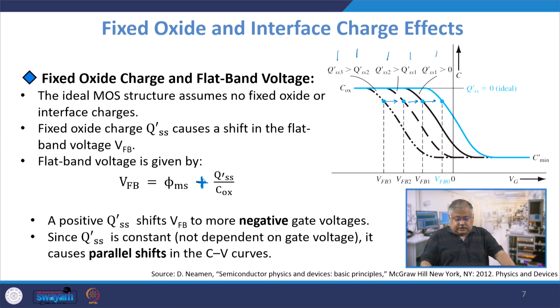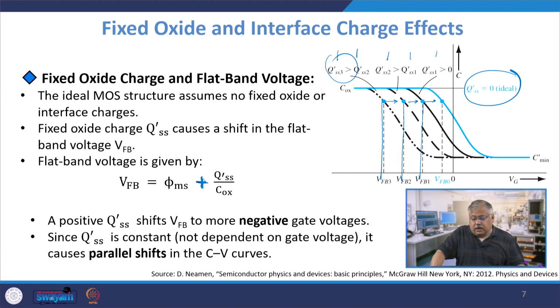So, QSS1 corresponds to VFB1 here, VFB2 here, and VFB3 here, depending on the value of QSS. And if you take QSS ideal, which means that there are no fixed charges, then we have already seen what you will get in that case. In that case, you will have a very low VFB0, this one, which will be VFB0 in the ideal condition.